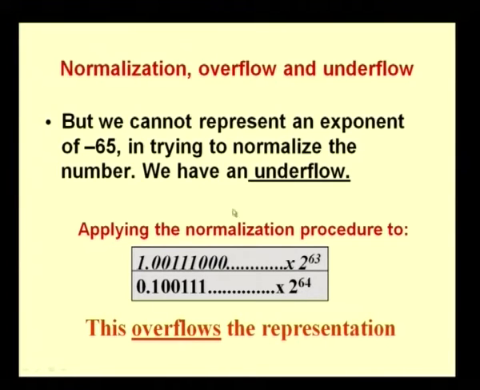So, underflow and overflow are two things that can happen when you are doing the normalization. This happens because when you do the normalization, you are changing the value of the exponent, either adding some value to it or subtracting some value from it, and if that cannot be represented within the available exponent space, if it is not within the range of representable exponents, then we say that we have an underflow or an overflow in the case of floating point numbers.